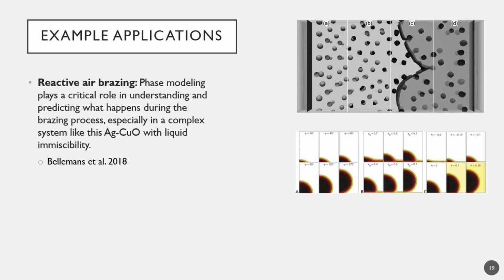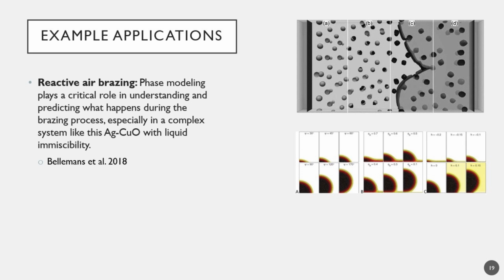Now I'll move on to the second application, which is reactive air brazing. We're not just working on how to prevent corrosion, but also trying to create strong, reliable joints between materials, often ceramics or metals, using a high-temperature process in the presence of reactive gases. Here we have silver and copper oxide, which is very tricky to mix as a liquid, and when we try to do so, it doesn't mix uniformly, which creates a major challenge in the formation of joints.